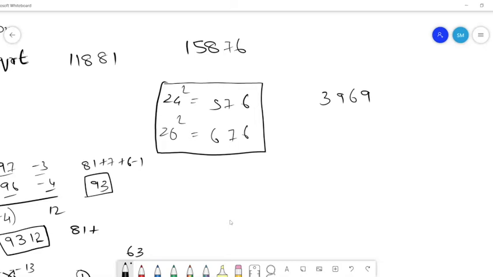Now to find the square root, we follow a particular method. Those who want to try the 15,876 can please try it. Take 3969, and you need to find the square root of this. There are 2 ways you can go about it.